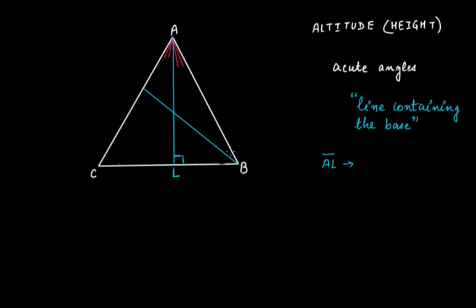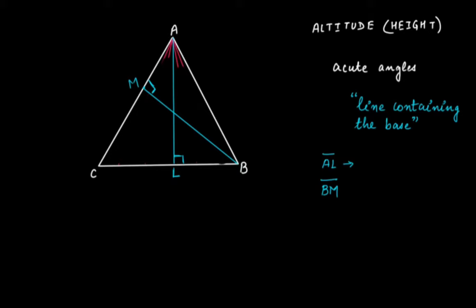Okay, and it is also making a right angle. Let's say it meets at M. This point is M. So even this line segment BM is also another altitude.